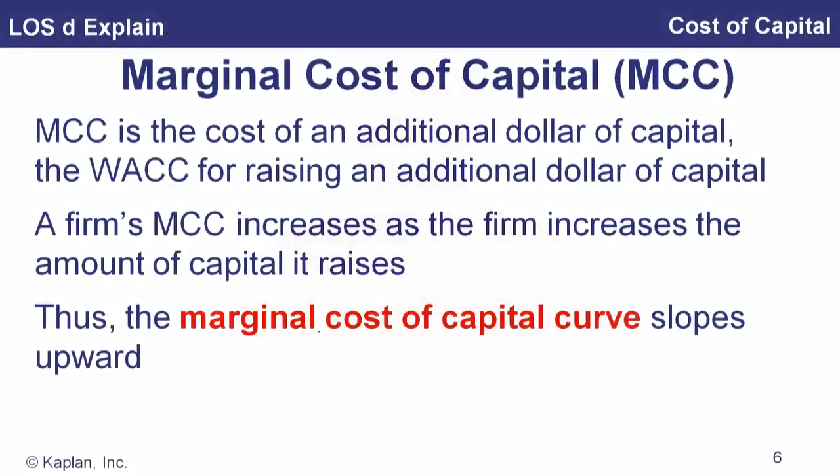And the assumption is that this firm's marginal cost of capital increases as the firm increases the amount of capital it raises. So if they issue more debt, maybe their cost of debt goes up a little bit. If they issue more common stock, perhaps that can only be sold at a lower price if they're issuing more of it. So that's going to increase the required return on that.